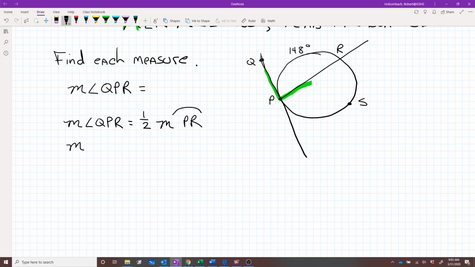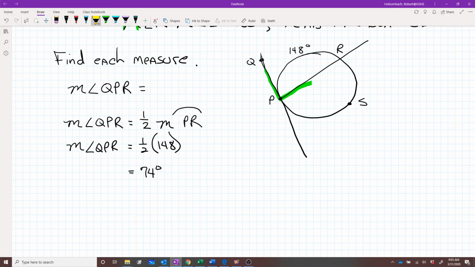The measure of angle QPR is going to be equal to 1/2 of 148. So 1/2 of 148 is 74 degrees. So this angle QPR would be 74 degrees.